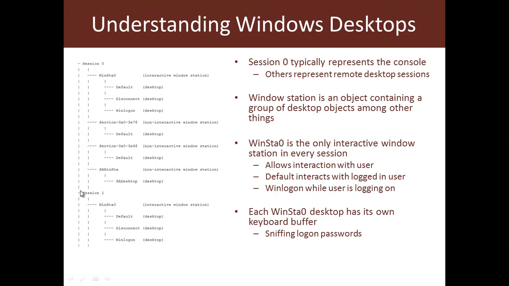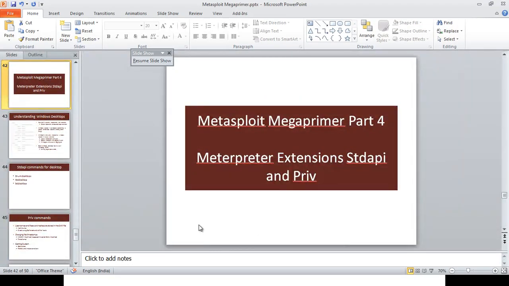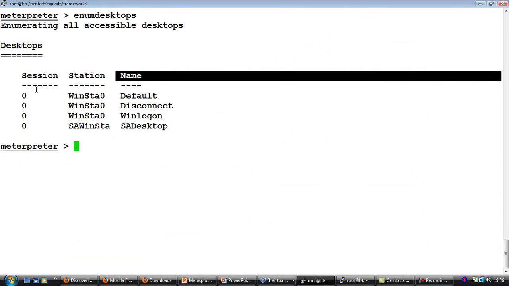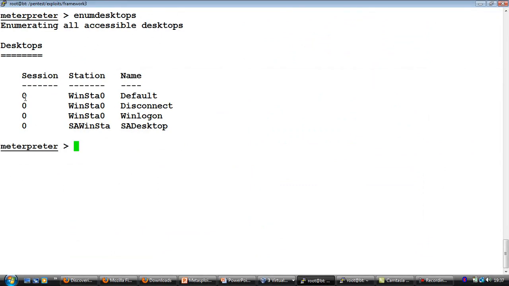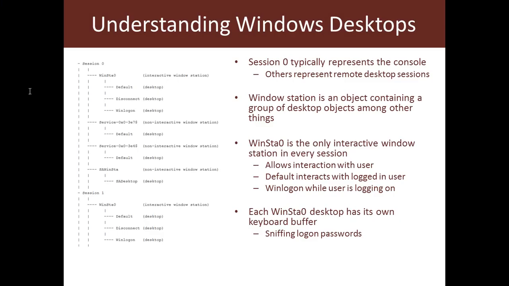All other sessions, session 1, session 2, etc., represent remote desktop sessions or remote terminal server sessions. So this is what session number 0 means here: what we are looking at in these desktops belongs to the console.